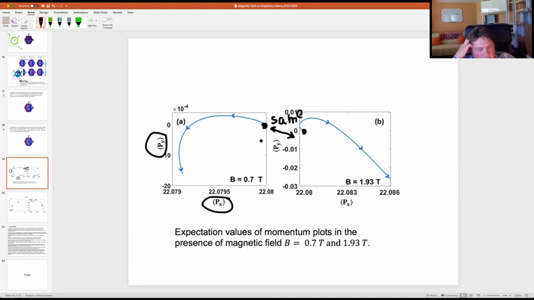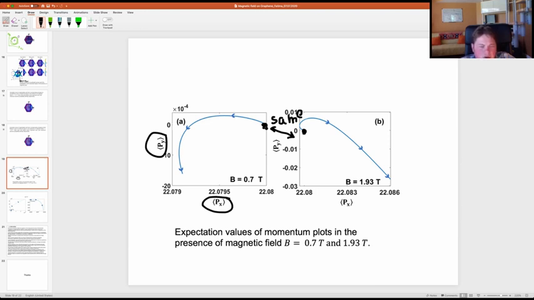The center of that bright fringe is moving in this trajectory. Okay, so it's the center of the wave packet. And it starts at the same point because we have the same initial condition.